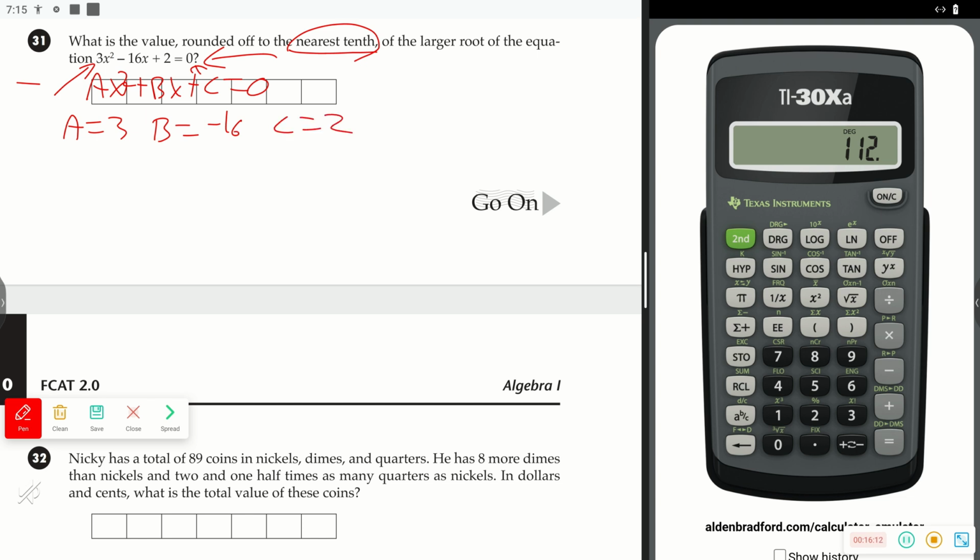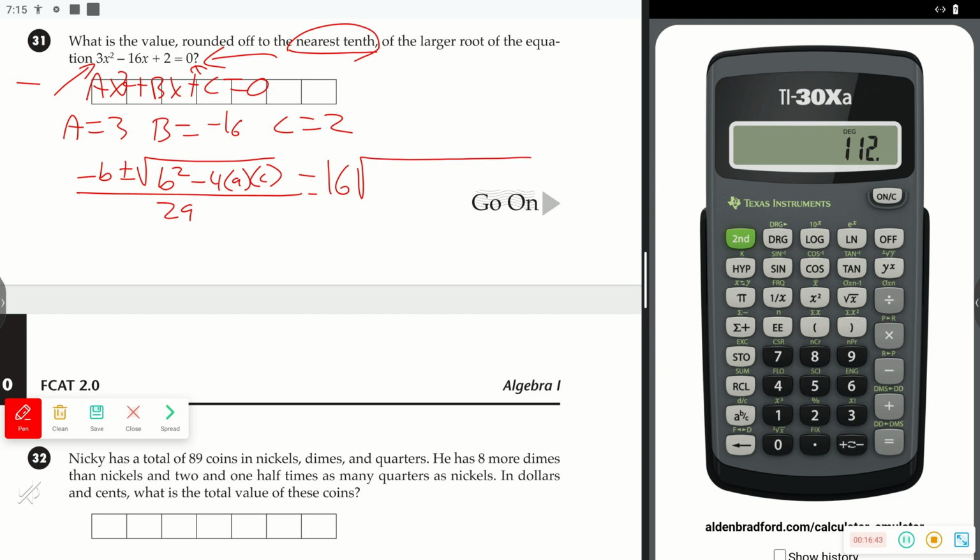The quadratic formula, you don't have to memorize it because it's on your formula sheet, but it is negative B plus or minus the square root of B squared minus 4 times A times C, all divided by 2A. So let's plug in all of our values. Negative B. So minus a minus 16 is going to be a positive 16, plus or minus the square root of B squared.